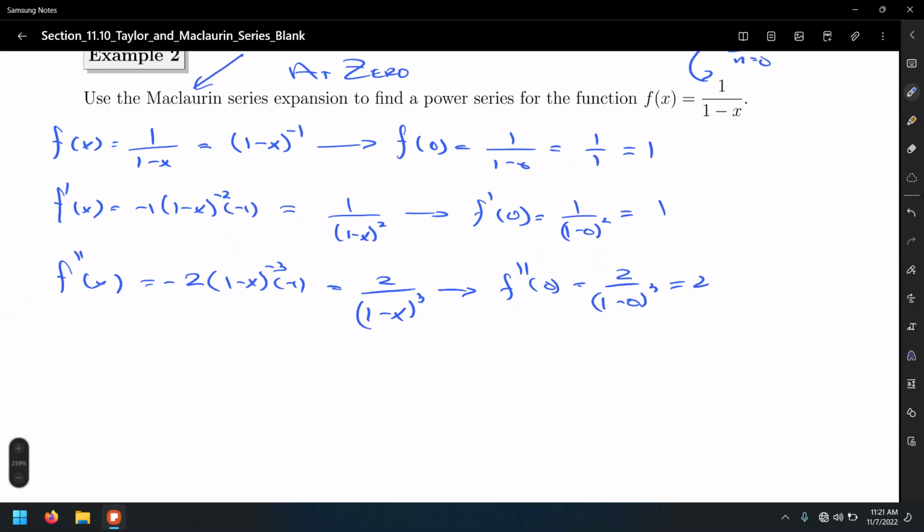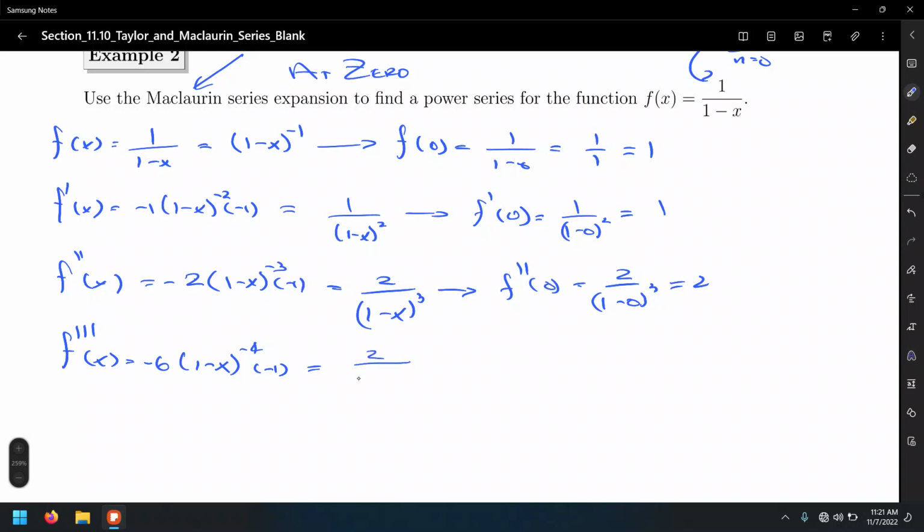The third derivative, and we're going to stop at the third derivative. I think that's good enough in order to find a pattern. So that's negative 2 times negative 3, that's positive 6. Actually, first negative 6, yes, negative 6, (1 minus x) to the negative 4 times negative 1, which becomes all positives all the time.